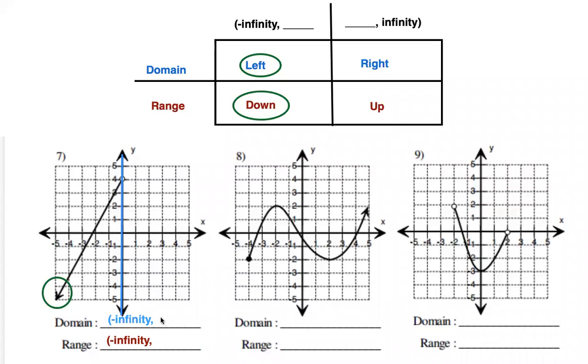So that is going to be 0 with a parentheses. Now the top part of the graph goes through 4, also with the open circle. So I have negative infinity, 0 and negative infinity, 4.